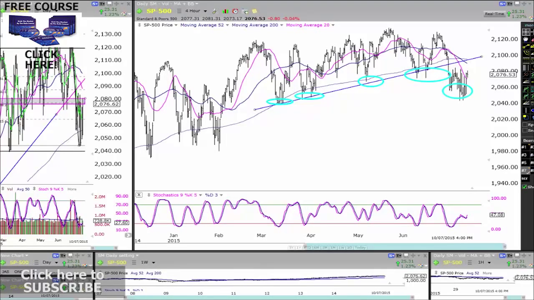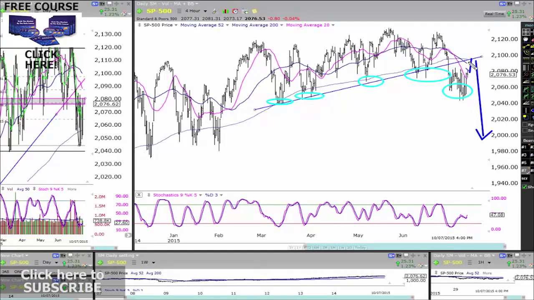If the market does run up, we're likely to get a whole bunch of resistance through here. Even if we get a bit of upward movement, we're likely to pause through here, continue, and then move down. That's what I'm seeing on the charts right now.